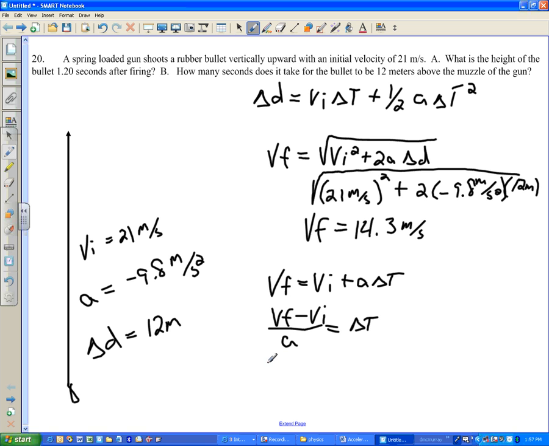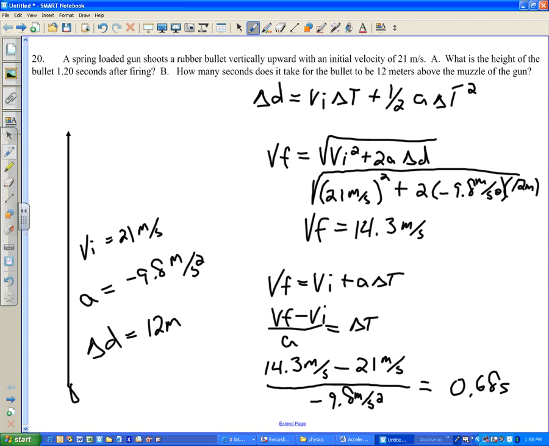We know that VF is 14.3 meters per second, which we just solved, minus a VI of 21 meters per second. And our acceleration is negative 9.8 meters per second squared. And ultimately, we do all this out, and we get 0.68 seconds.